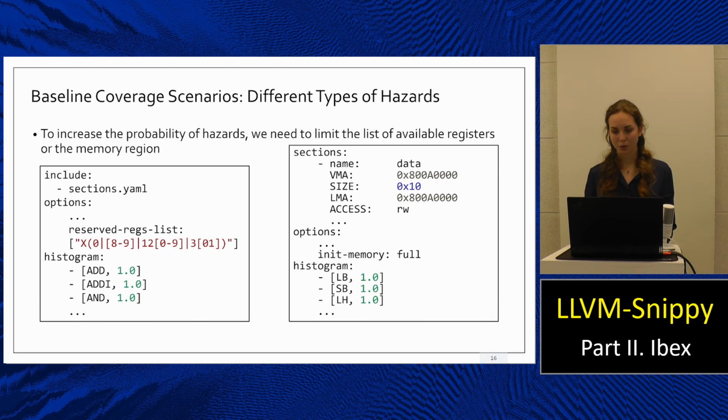The slide shows two techniques based on this idea. The first one targets register hazards. We take roughly the same arithmetic and logic instructions, but restrict the list of available registers through the reserved registers list. Then the generator has fewer independent registers to choose from and dependency chains appear more often.